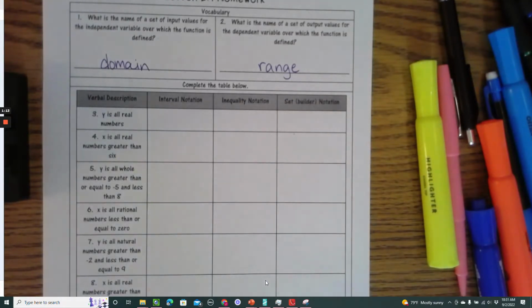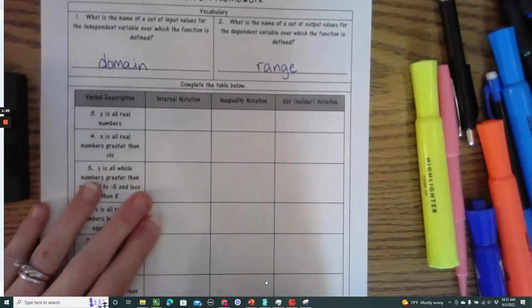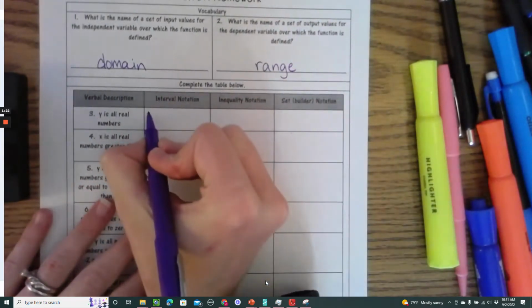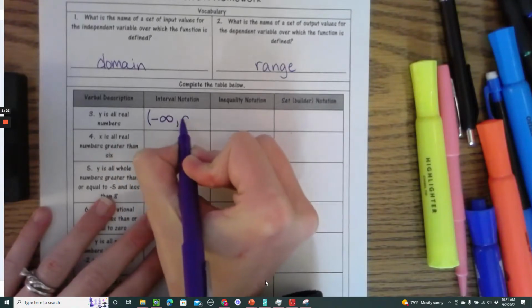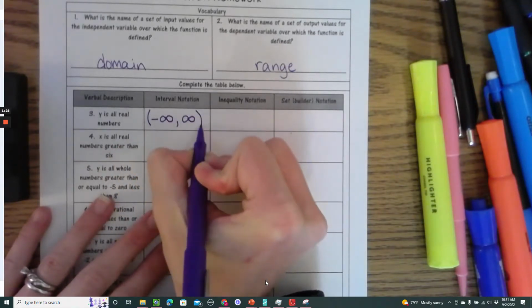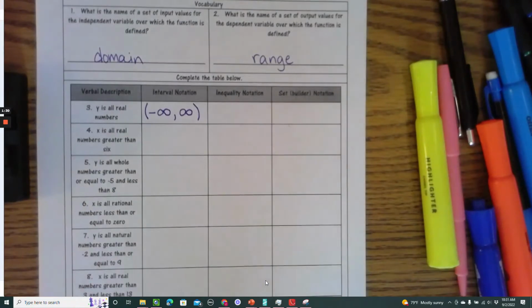If it's less than or equal to, greater than or equal to, we do brackets. But if we're saying that Y is going to be any number that's out there, that's from negative infinity to positive infinity. And around infinities, we always put parentheses.